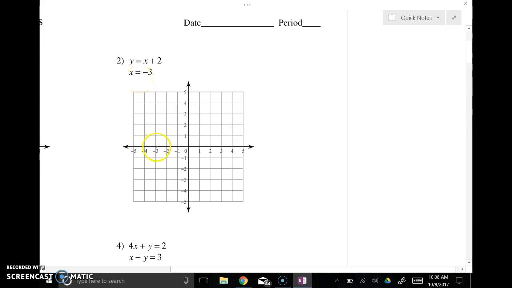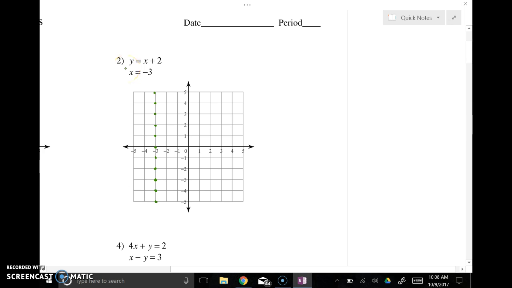So if I make several points that all have an x value of -3, like (-3, 0), (-3, -1), (-3, 1), (-3, 5), you can see this pattern starting to emerge as a vertical line. So whenever we see x equals a number, that's the indication that we're dealing with a vertical line.